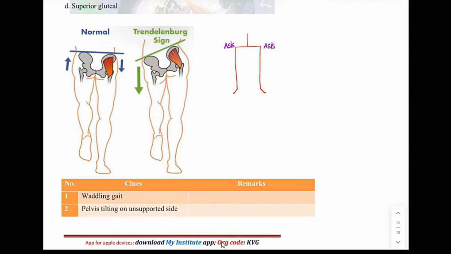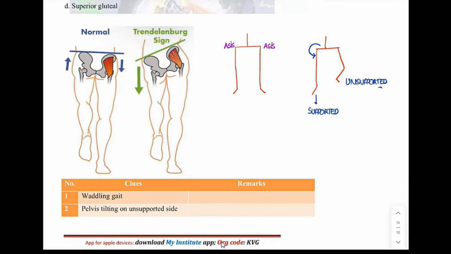Now suppose if we tell the subject to lift one limb like this, now what will happen? There is a tendency for this unsupported side to go downward because of the effect of gravity, because now he is not taking any support from the ground. So this side pelvis can go like this. But what actually happens? The abductor mechanism on the side to which the person is standing, this is supported side and this is unsupported side.